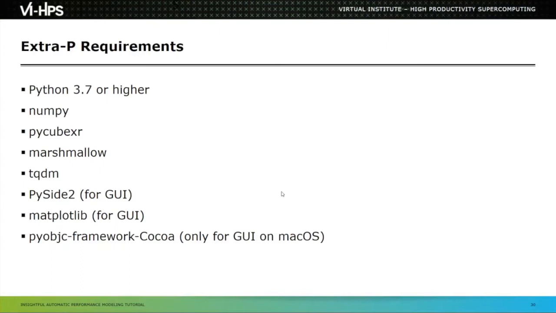One of them is NumPy, and the second one is PyCubeXR, which is our own implementation of a cube file reader. And then there are a few other Python dependencies for the GUI, and a few that the GUI needs on macOS.